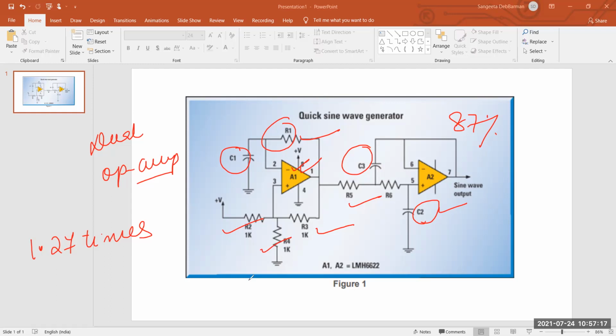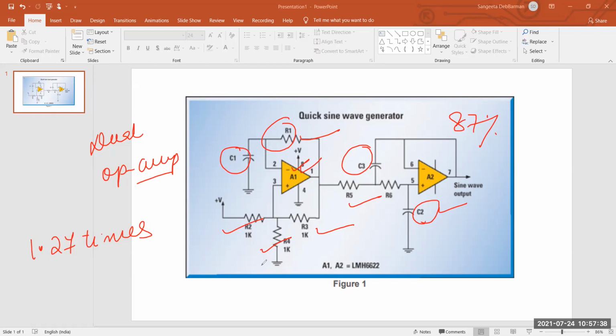Here the resistor values are all 1K ohm. This is actually done to minimize the errors between the operation at the actual frequency and at the calculated frequency. Okay, so the equations I will write now.